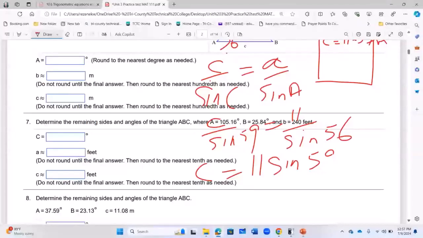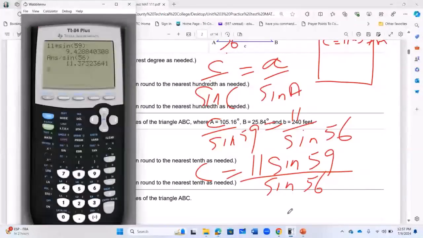These are in degrees. Remember, I'm working in degrees. If they give me the angle in radians, then I will change the mode. I will make sure the mode is in degree before I continue solving.